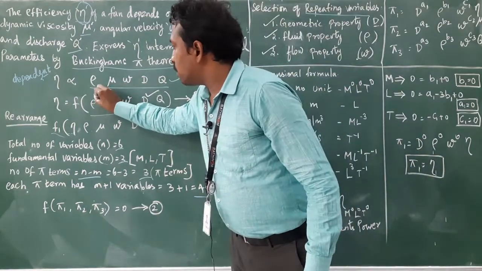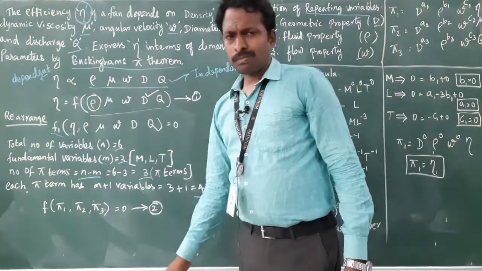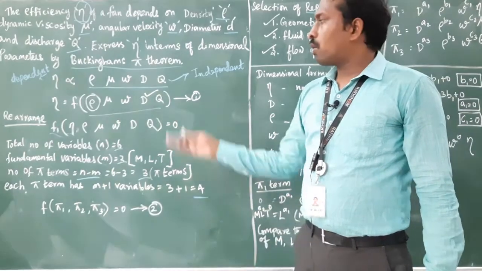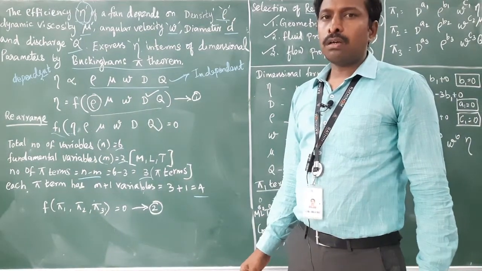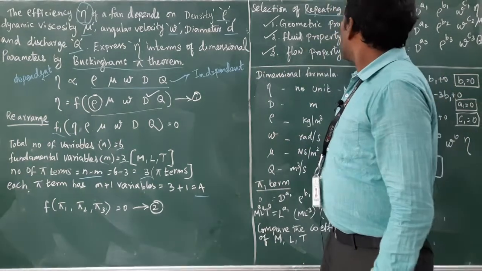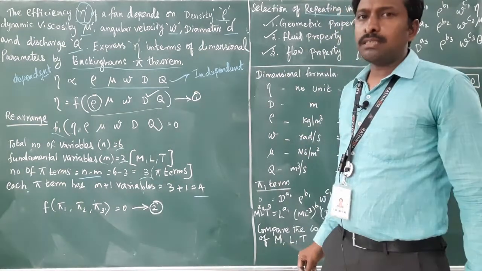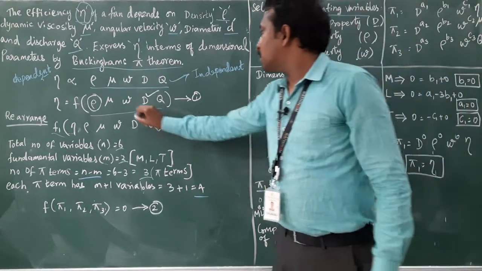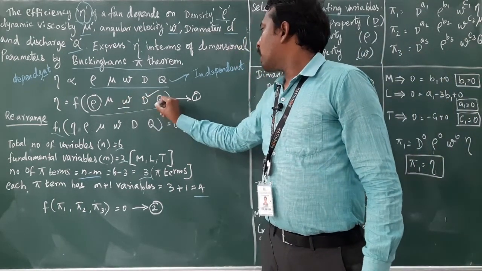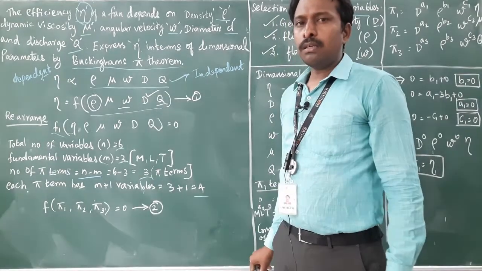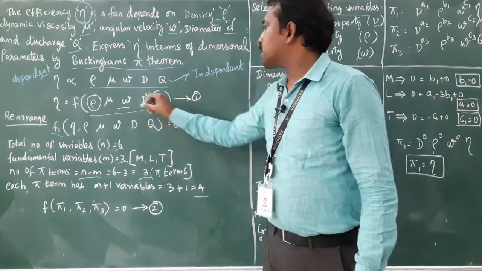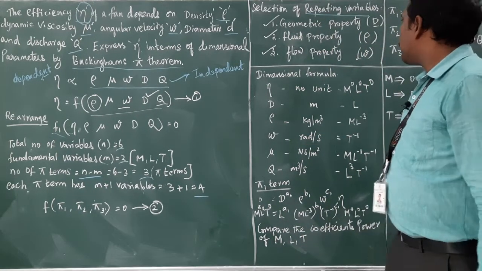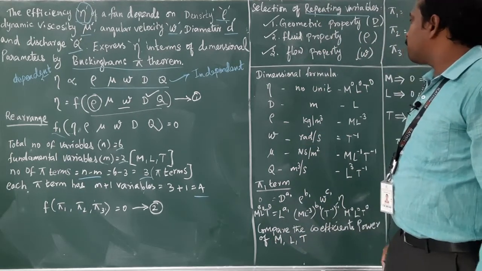I am taking rho as the repeating variable because compared to rho and mu, rho is the well known member. So rho is the fluid property repeating variable. Next, flow property. Here omega and q are the flow variables. I am selecting omega as the repeating variable.